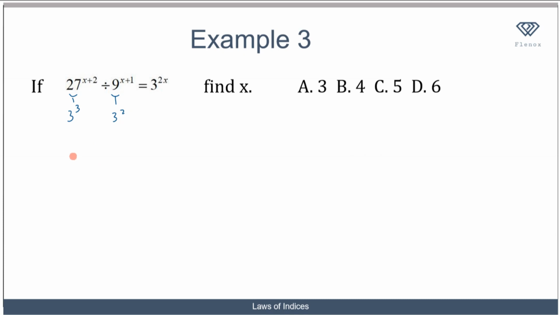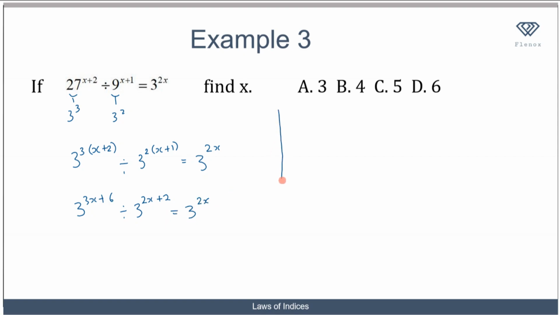So for 27 we can write 3 cubed, then put in bracket what was there before, x plus 2, divided by 3 squared in bracket x plus 1, is equal to 3 raised to the power 2x. So now when I expand, I have 3 raised to the power 3x plus 6 divided by 3 raised to the power 2x plus 2 is equal to 3 raised to the power 2x.